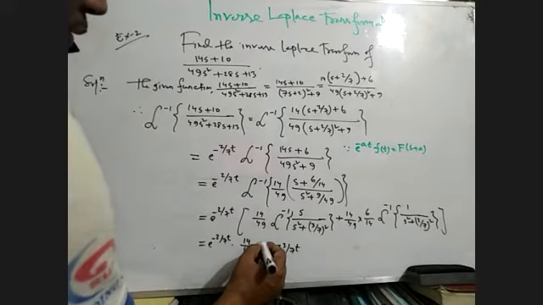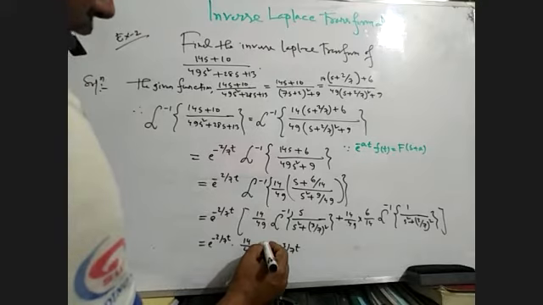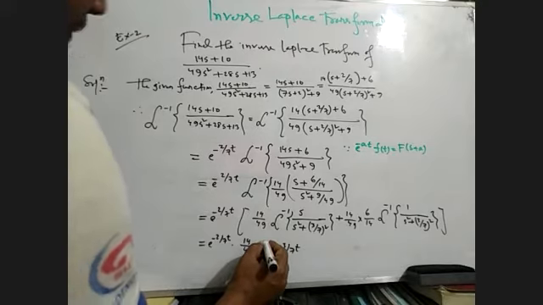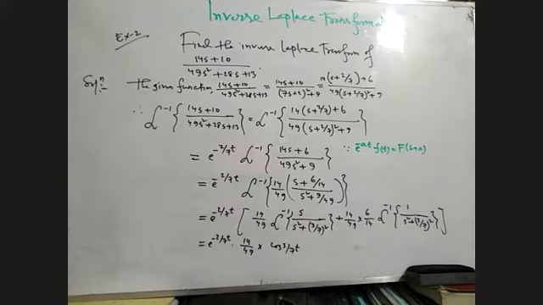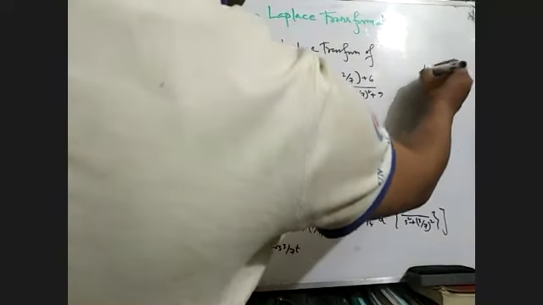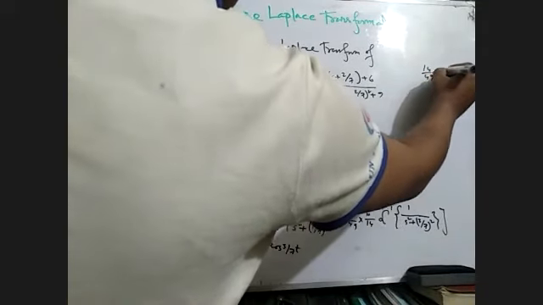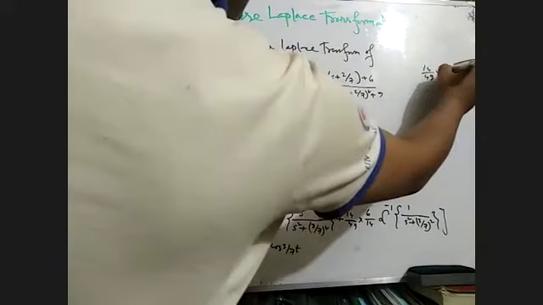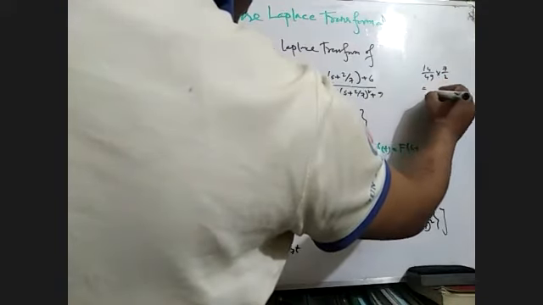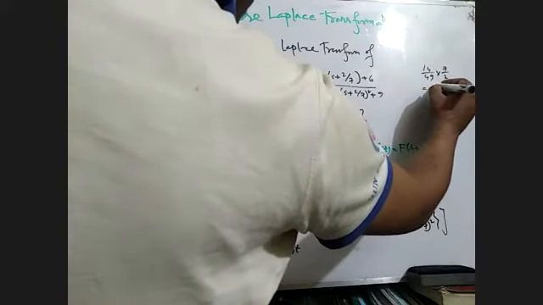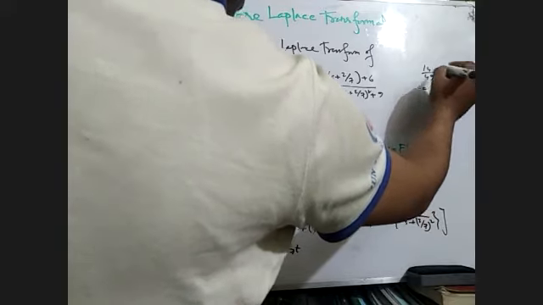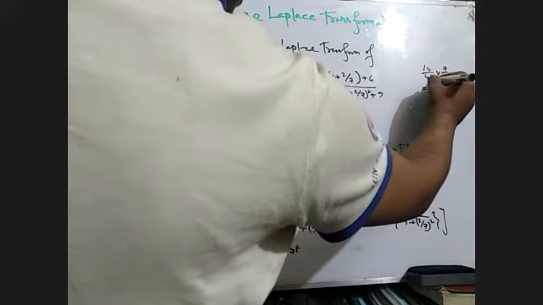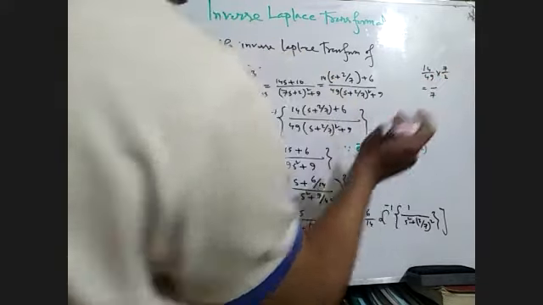So there will be 14 divided by 49 multiply 7 by 7, only one.